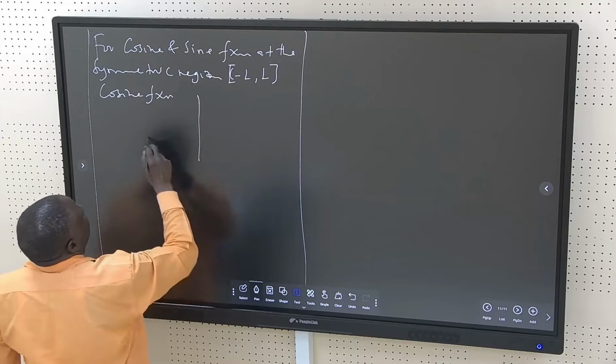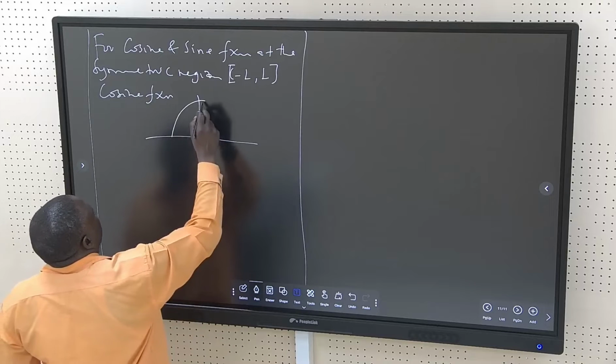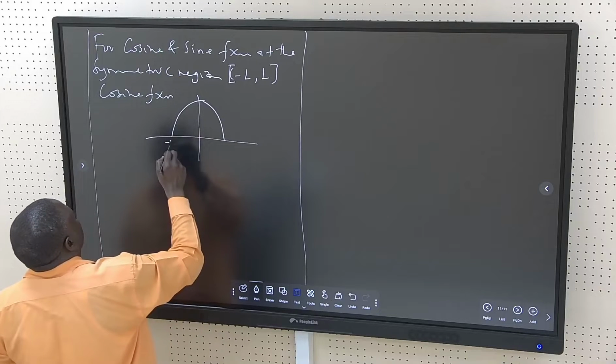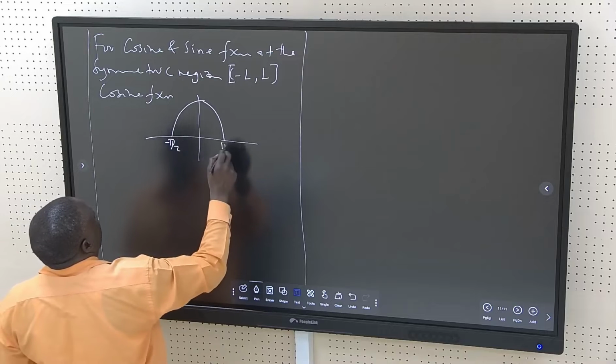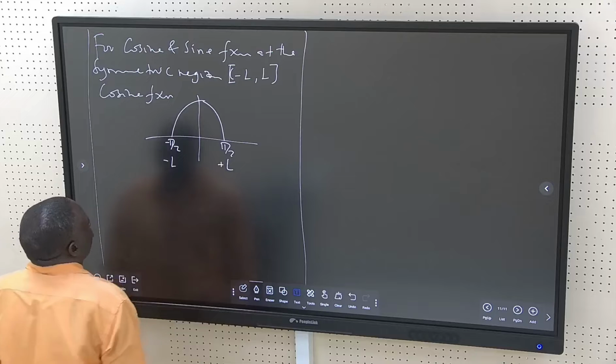At the symmetric region, the cosine function is this one. The symmetric region is from negative pi over 2 to pi over 2, that is from negative L to positive L.